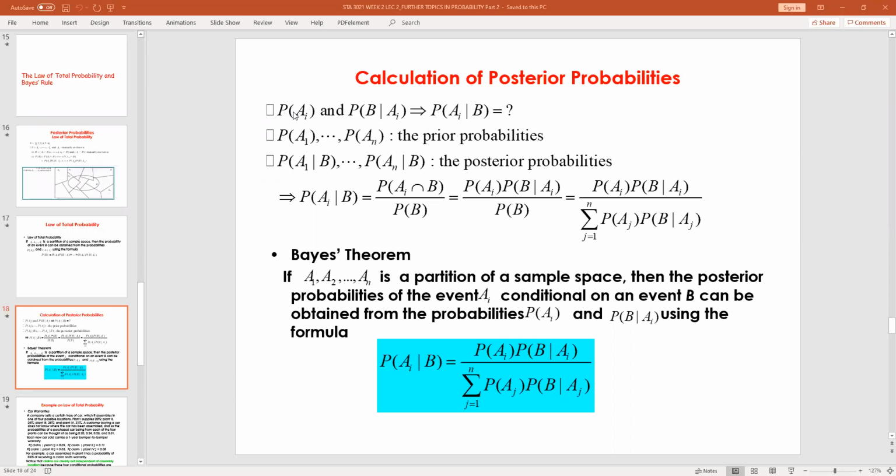What did I say we want to do? We want to update our prior belief. That's exactly what we want to do, updating our prior belief about A.